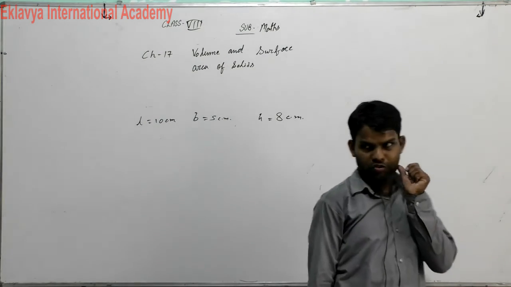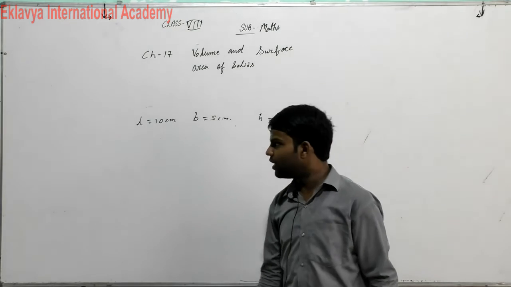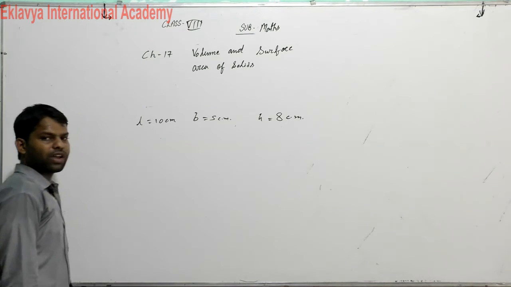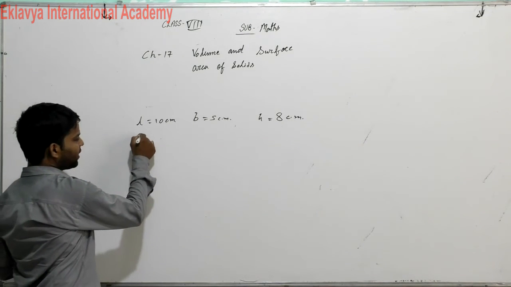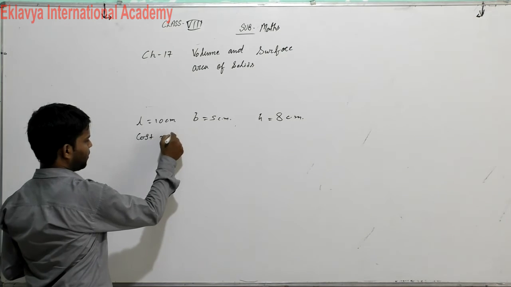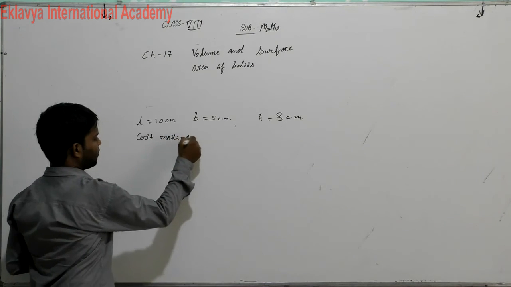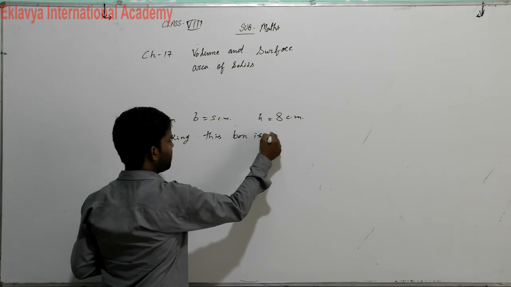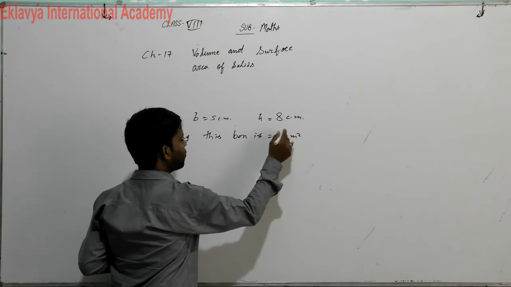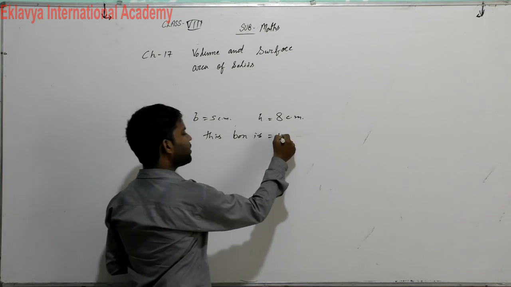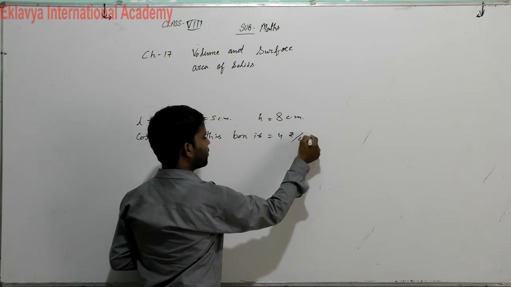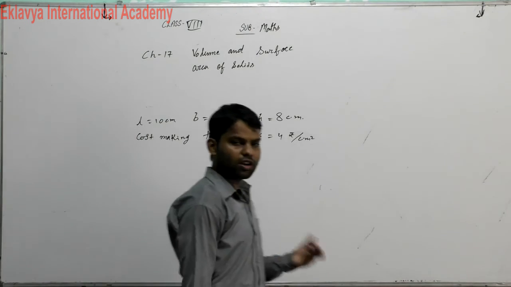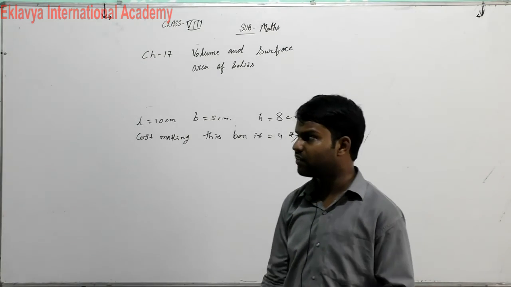We want to make a box with cardboard whose length is 10, height is 8 and breadth is 5 centimeter, and the cost of making this box is 4 rupees per centimeter square. Okay, then how will we calculate total cost of making this box?